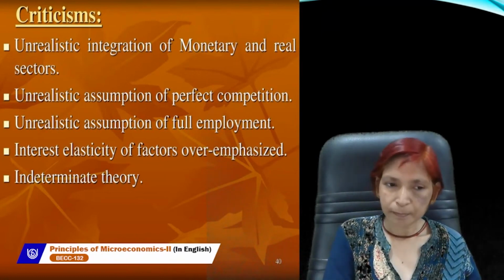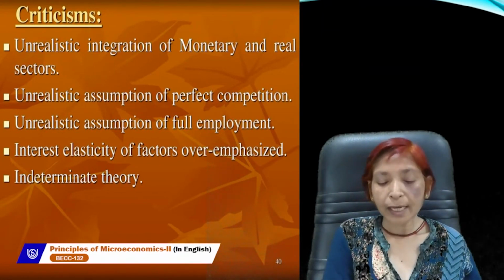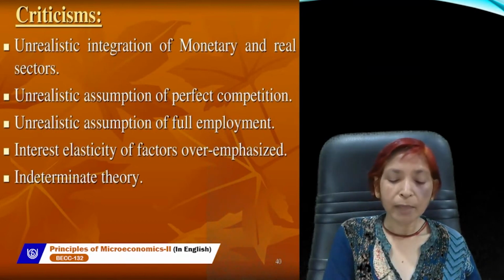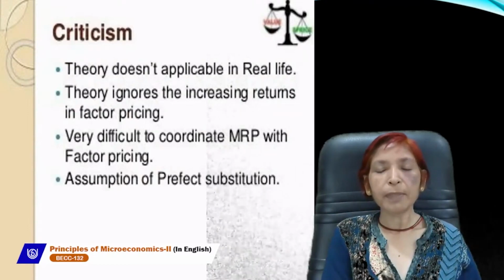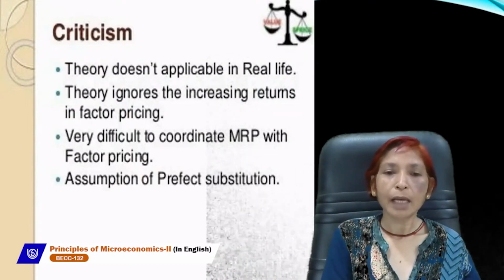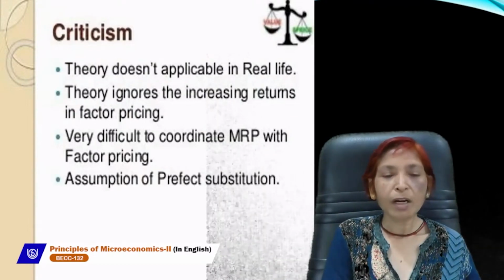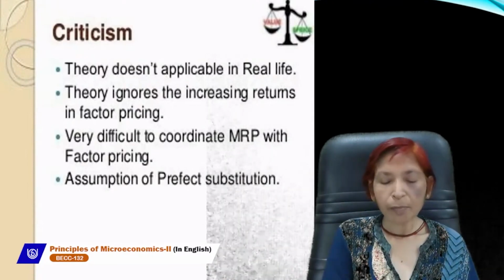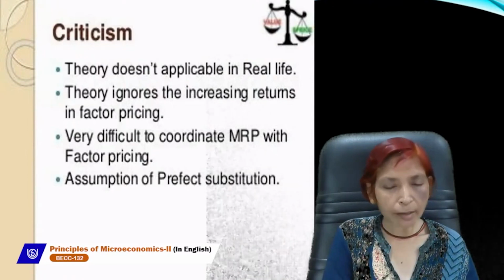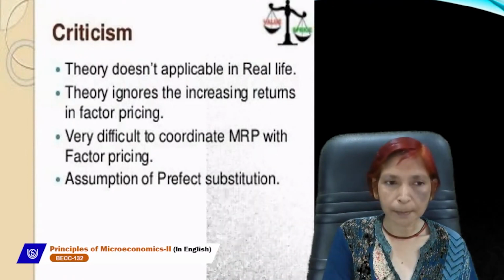We can explain this criticism another way also: this theory isn't applicable in real life. We can't say that it is applicable in real life because perfect competition does not exist at present.